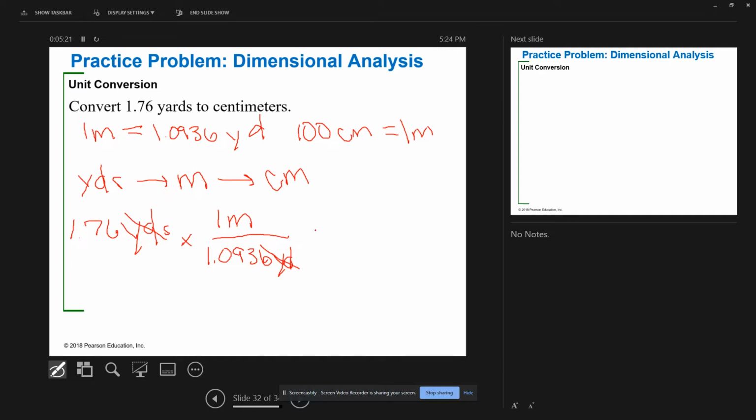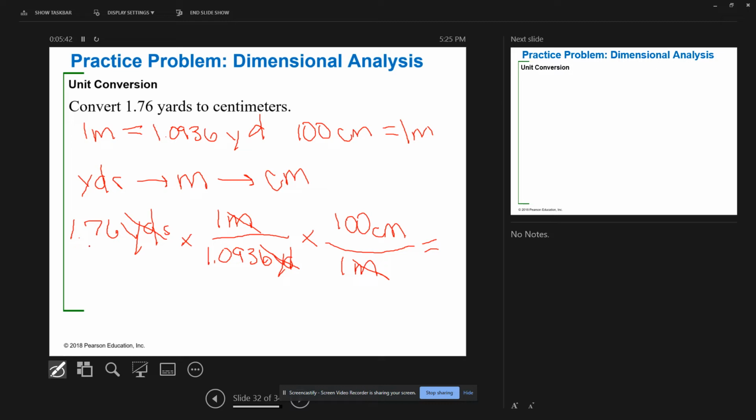Although I want to go to centimeters, so I'm going to go one more step here. So here's my conversion for that. I put the meter on the bottom so it cancels out, and then 100 centimeters. So those meters cancel.